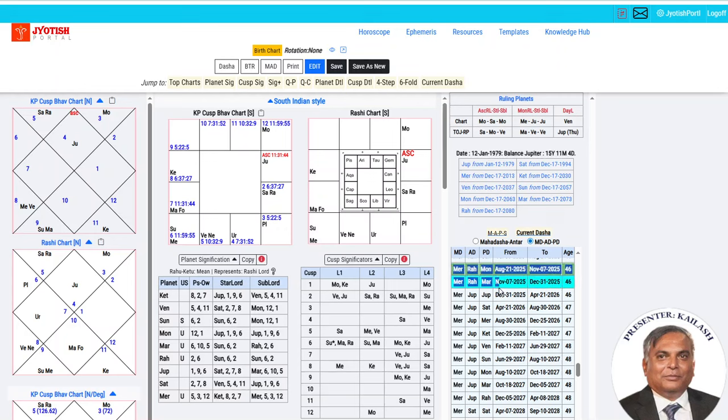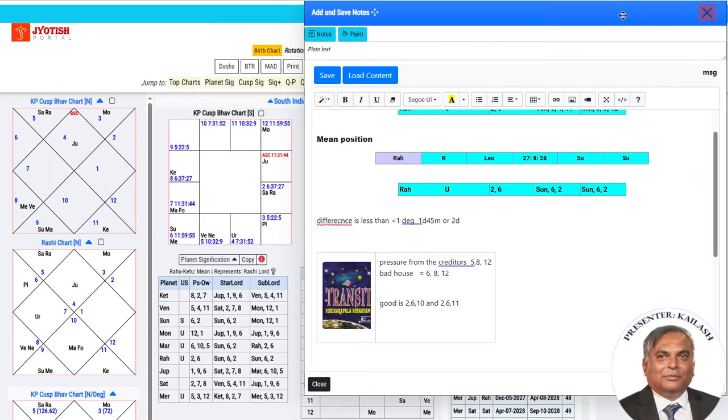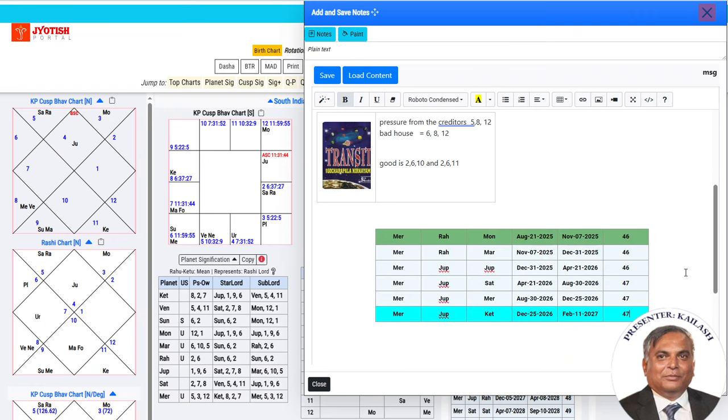We'll just copy this. We'll just focus on the dasha and the antardasha. So he is already going through the sway of Mercury, Rahu until the end of this year.